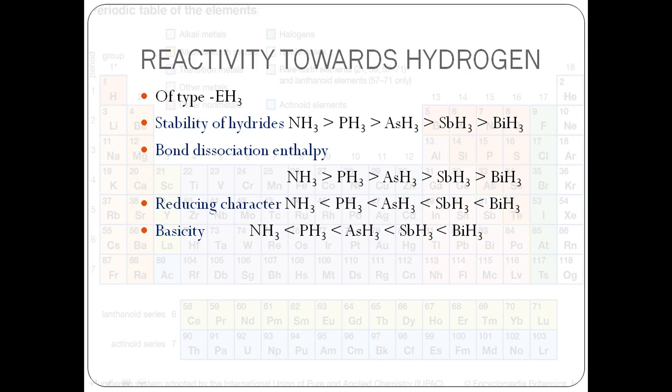Since it is easier to break the BiH bond, that's why BiH3 is less stable, a strong reducing agent and a strong base. So their reducing character increases down the group, whereas basic character also increases down the group.